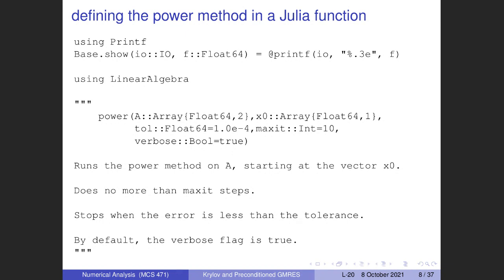Here we have the description of the parameters. So two parameters essentially, the matrix and an initial starting vector, and then three parameters with default values. We have a tolerance, a maximal number of iterations, and then there is the verbose option.